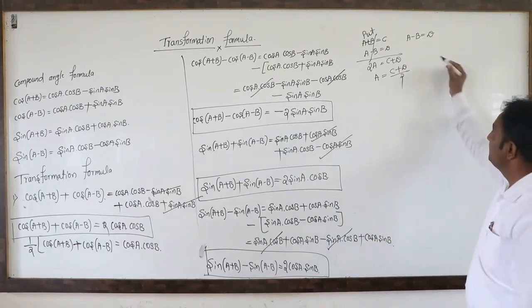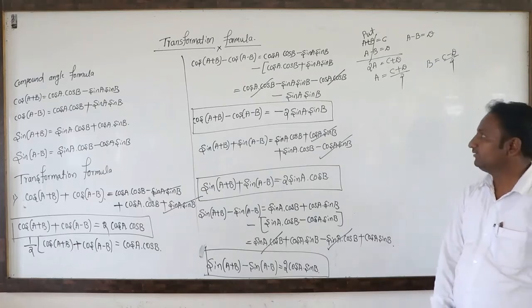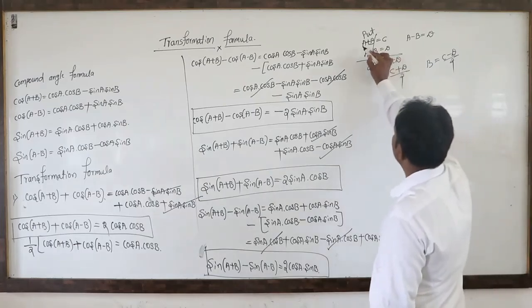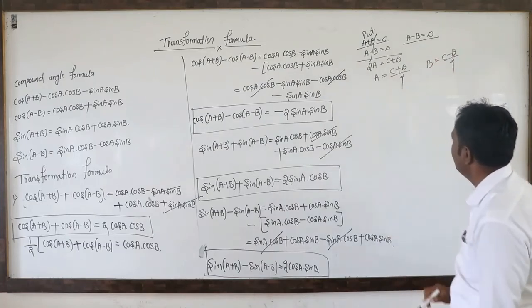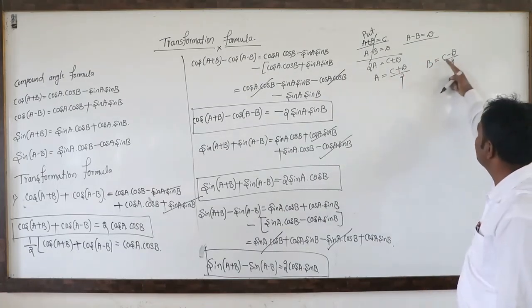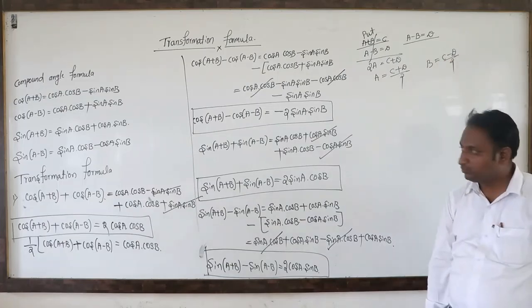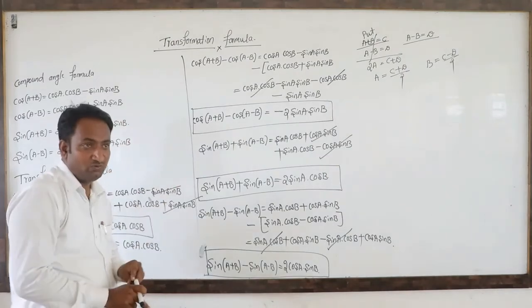Similarly, we get b is equal to c minus d divided by 2. Here substitute a plus b is equal to c, a minus b is equal to d, and a value is c plus d divided by 2 and b value is c minus d divided by 2. In these formulas we get another 4 formulas.